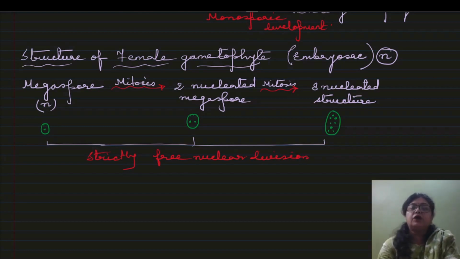Now after this 8 nucleated stage, the walls are forming. Clear? So be very careful that no wall forms before the 8 nucleated stage. So let us form a wall around each nucleus.